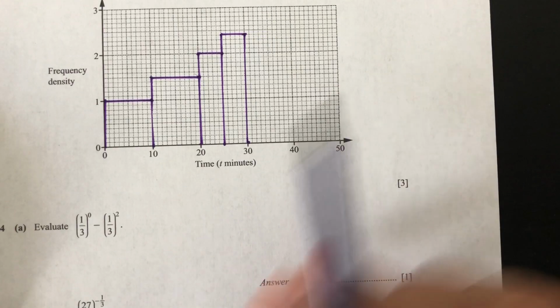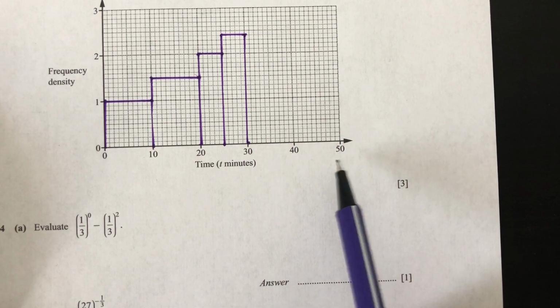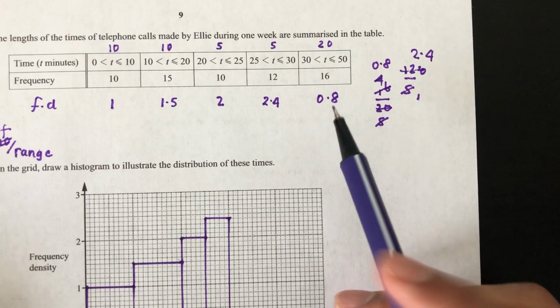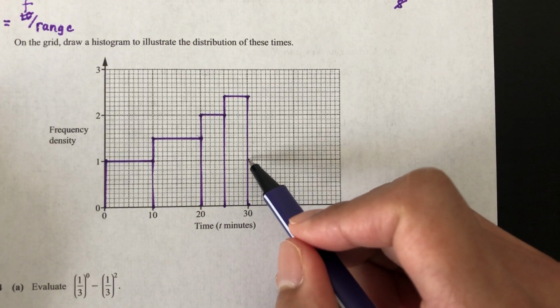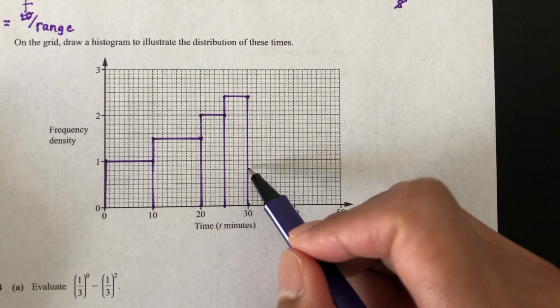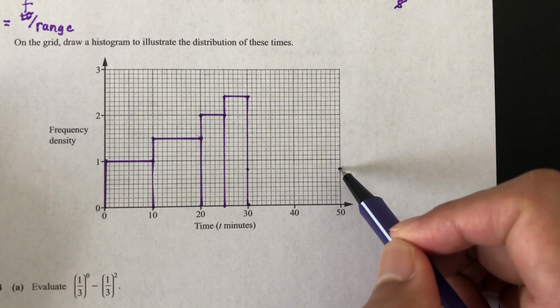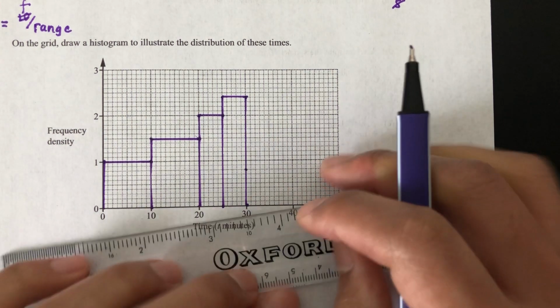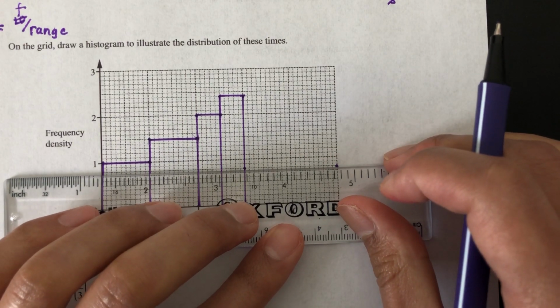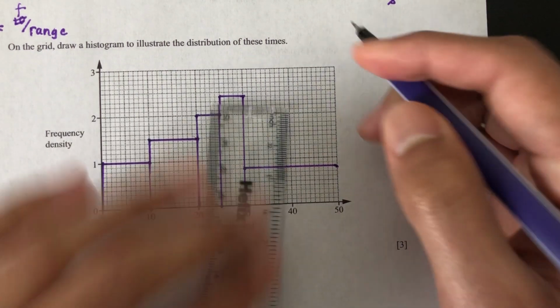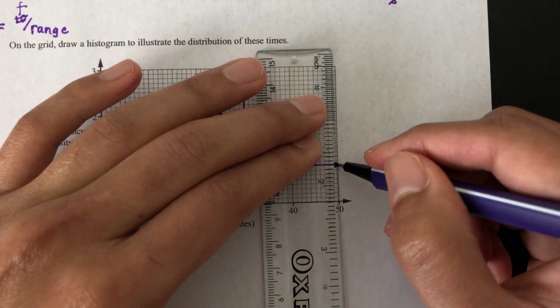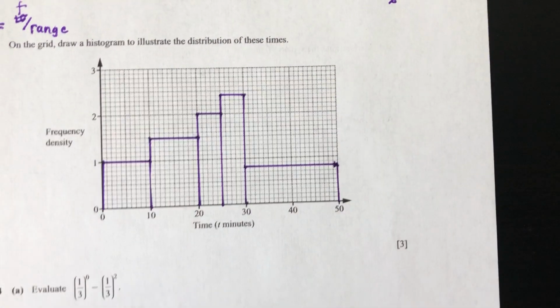That will be the rest, and the density is 0.8. So we have 1 here, so we go down, 0.8. And we just have to go on the line to have the histogram for this question. Okay, and that's it. That's the histogram for this information.